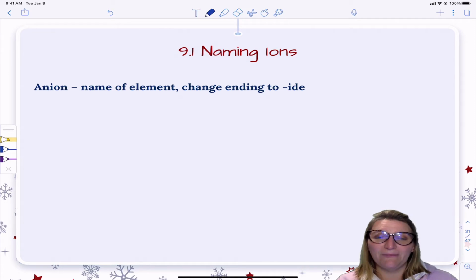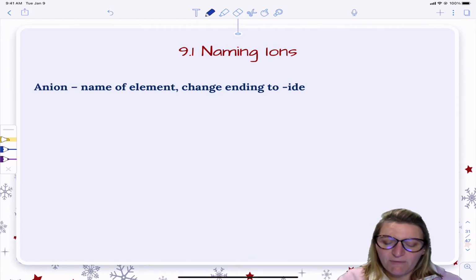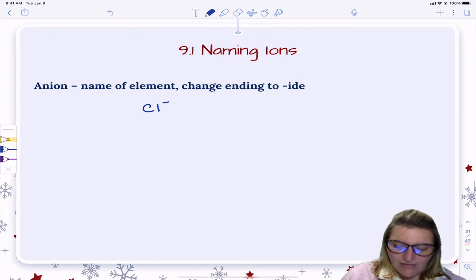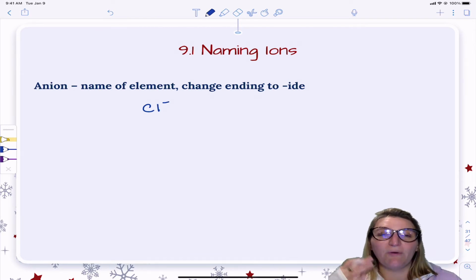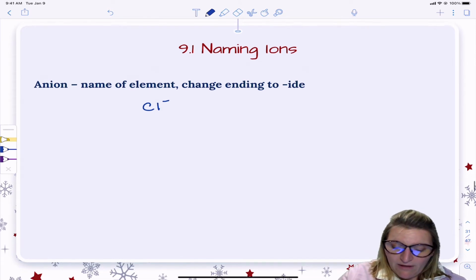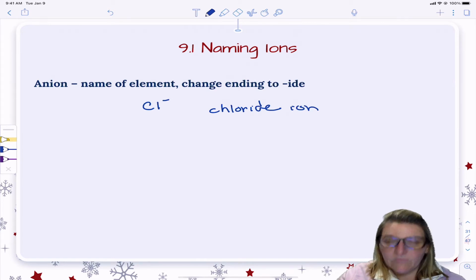Now, how do we name anions? How we name anions is we just change the ending of the word to -ide. And you've probably already heard me do this a bunch of times. So when I say Cl-, or when I'm referring to that particle, that is called the chloride ion, right?